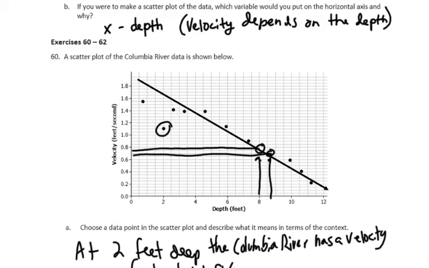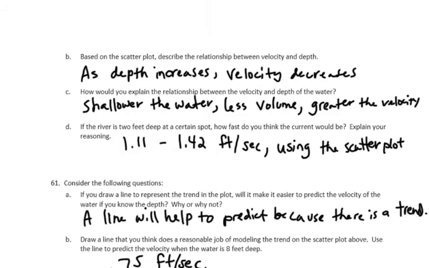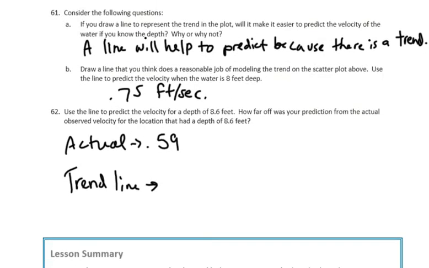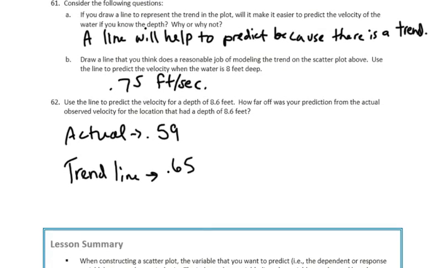So 0.65, I would say, about what it is. So how far off was it? 0.06 feet per second variance. So it's pretty close.